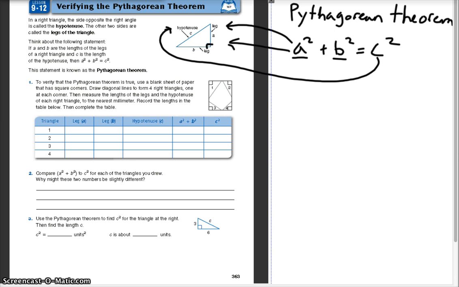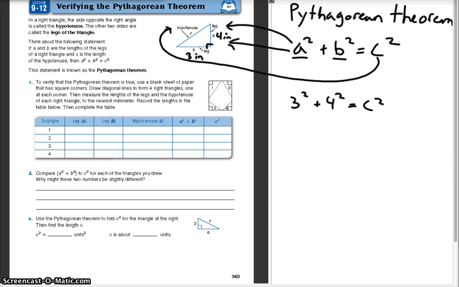So, for example, let's say our legs were 3 inches and 4 inches. Plugging this in, we have 3 squared plus 4 squared, and we're trying to find c squared.